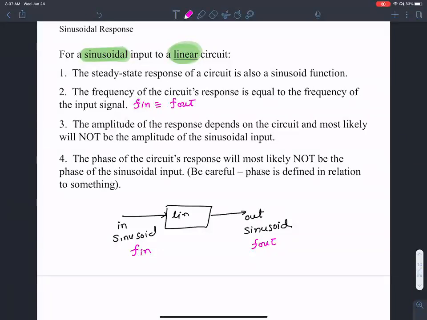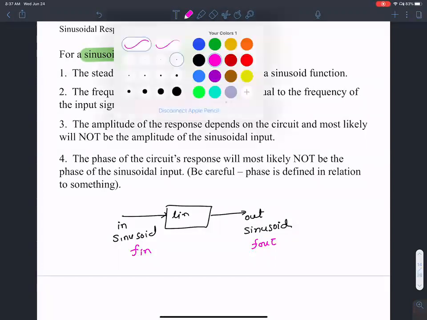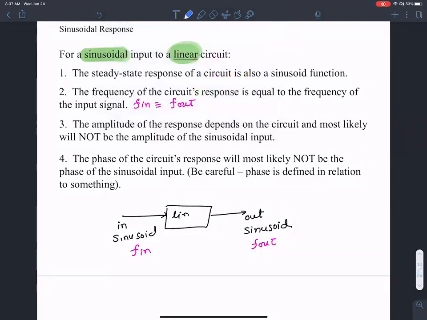Similarly, let's say the amplitude of the input is Vm input, and the amplitude of the output is Vm output. There's no guarantee, and as a matter of fact, you should almost always expect that Vm input will not be the same as Vm output.